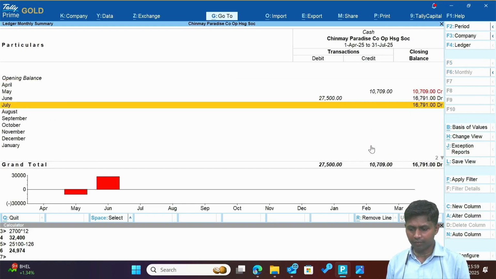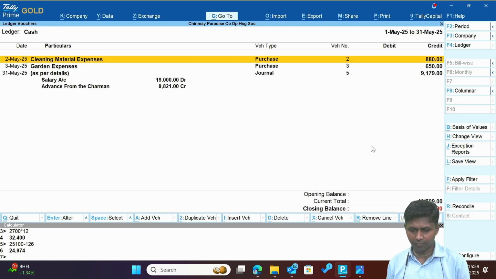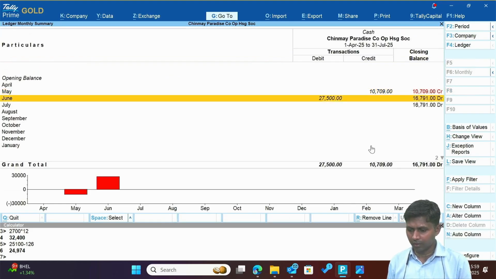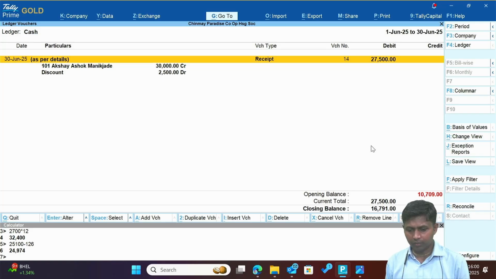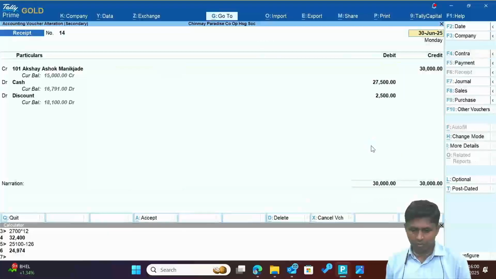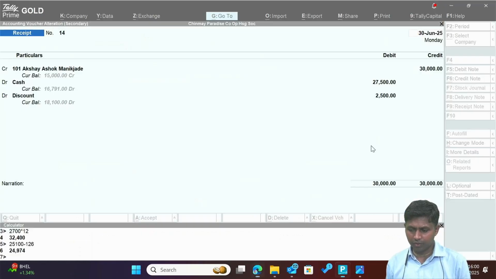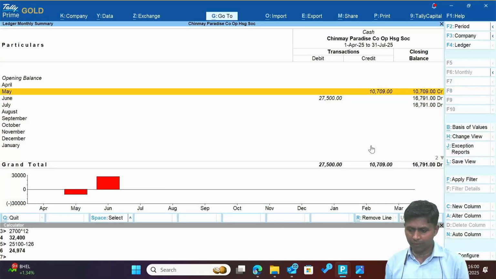Then cash in hand, we have sufficient cash with us, 27,500. Before that, we paid 3 bills. Someone must have paid, and then after that, from 27,500, we must have given that to party. Therefore, it's better not to pass this on 30th June, but change the date of receipt, because without having cash, we cannot pay.